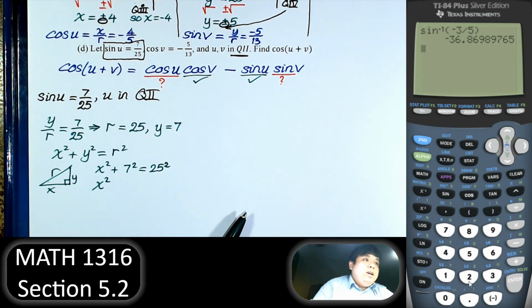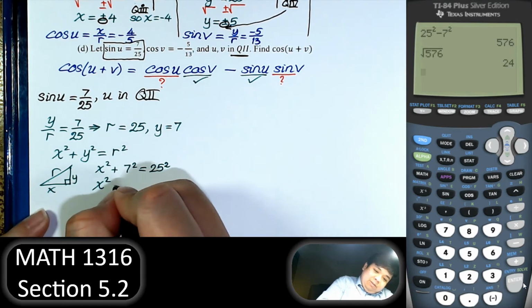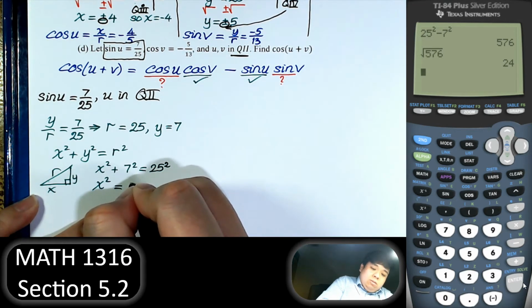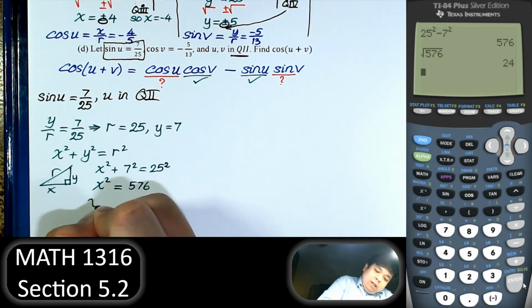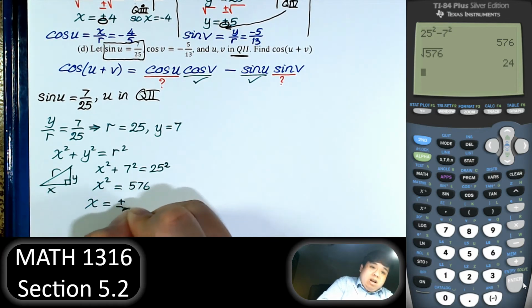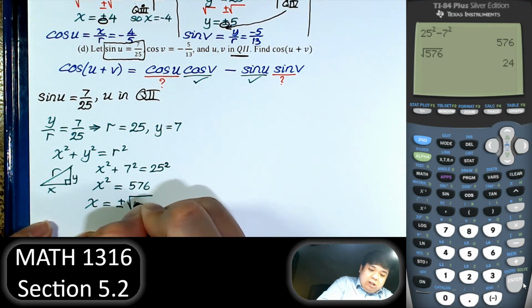25 squared minus 7 squared, square root of that, 24. Again, don't forget there's plus or minus when you take the square root on both sides.